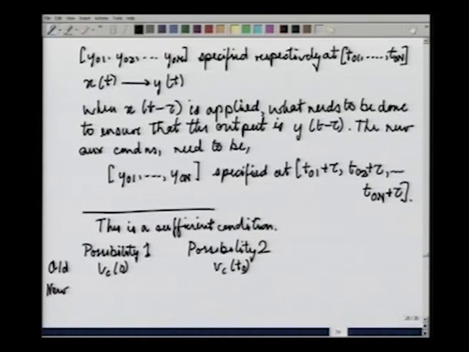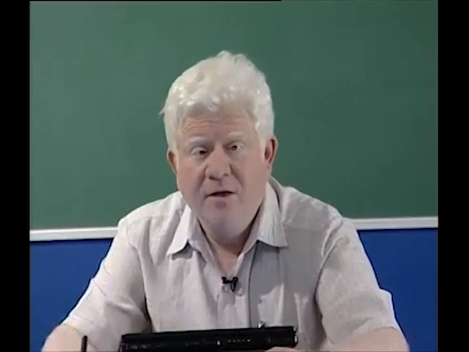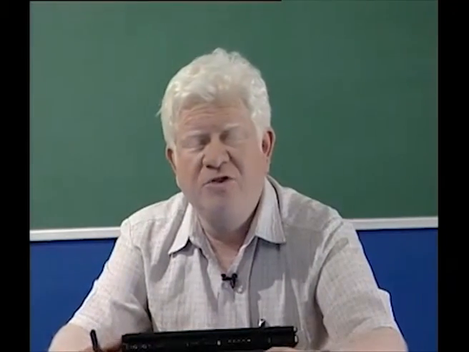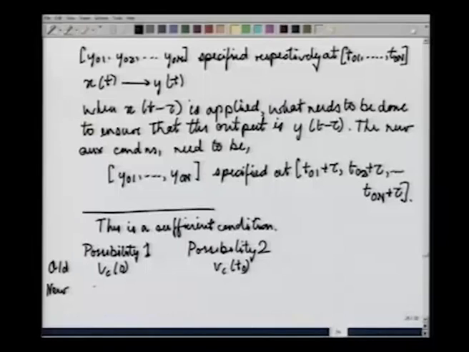For the new case, the corresponding auxiliary condition positions we have had are Vc of tau, which would be equal to this, and in this case Vc of tau plus t naught, which is equal to this. So, these two are equal and these two are equal. Is there any third possibility?